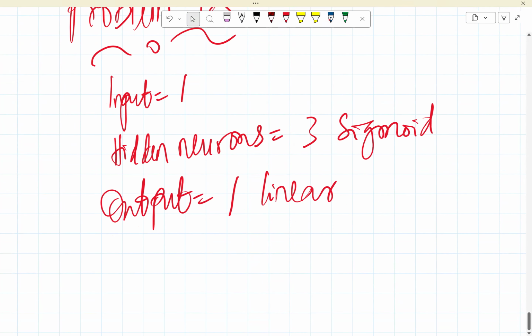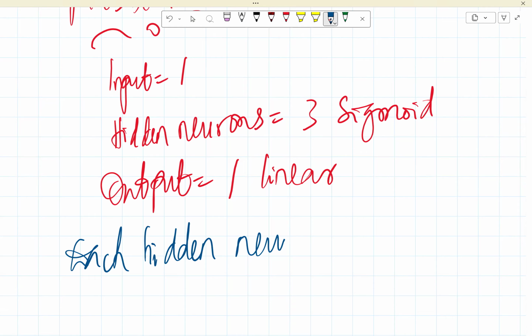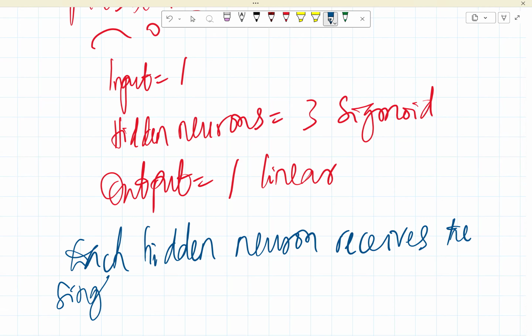And with that in place, each hidden neuron receives the single input.